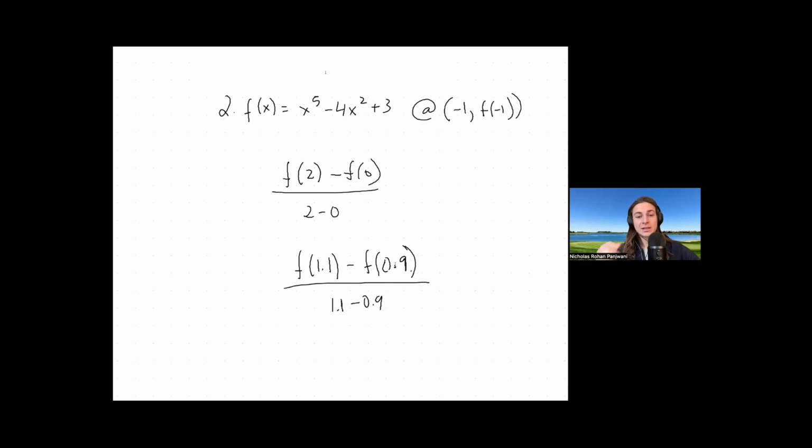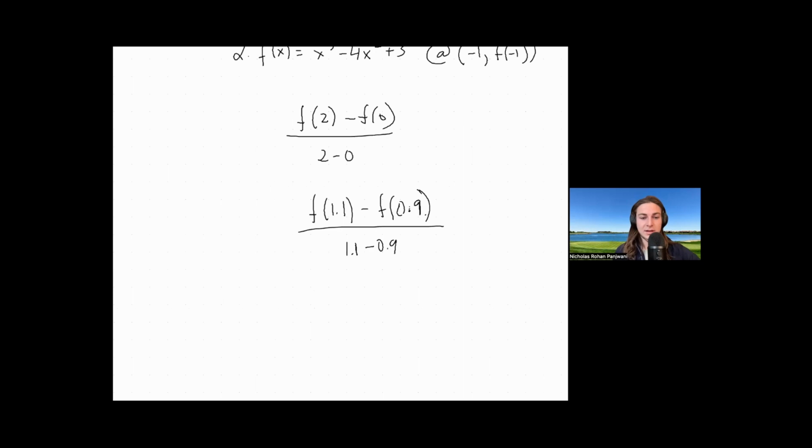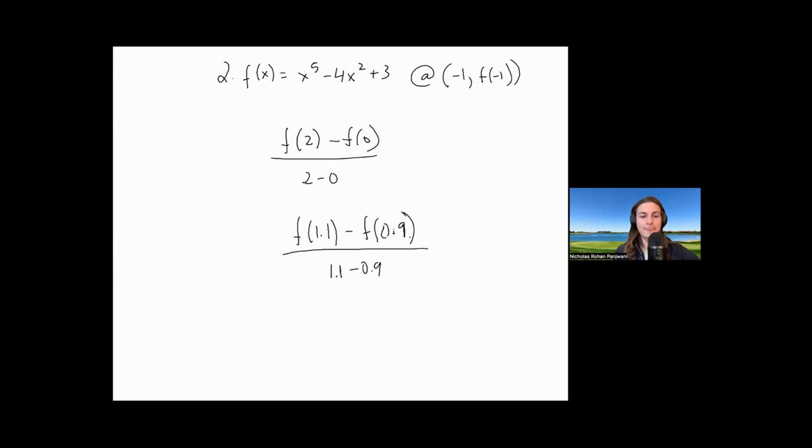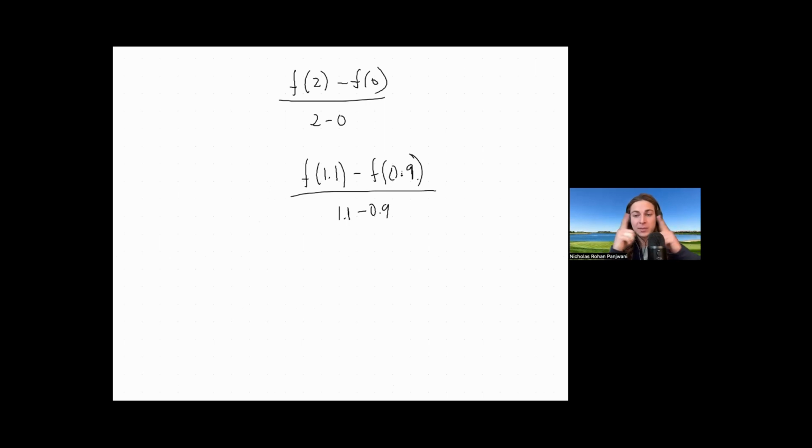But taken to the extreme, what's happening here is the change between, let's call this A and let's call this B. The difference B minus A is getting closer and closer to 0.